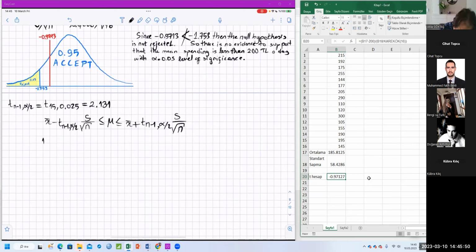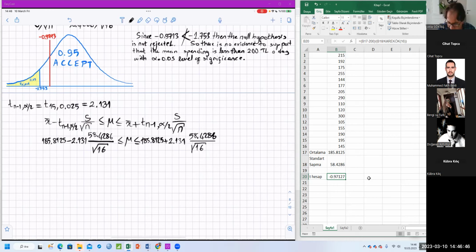The sample mean is 185.8125 minus 2.131 times the standard deviation 58.4286 divided by the square root of 16, less than or equal to mu, less than or equal to 185.8125 plus 2.131 times 58.4286 divided by the square root of 16.